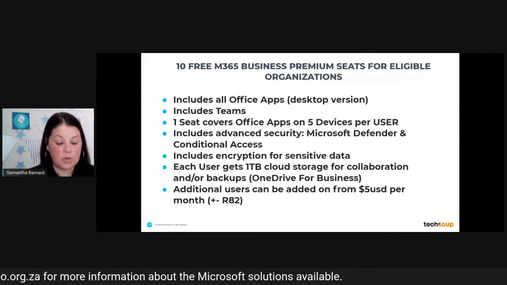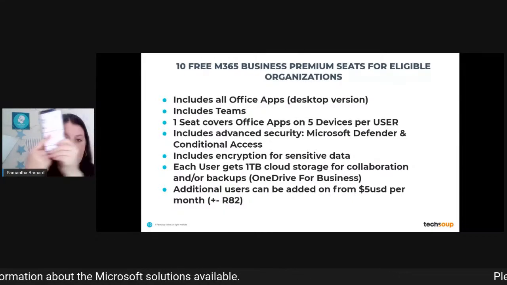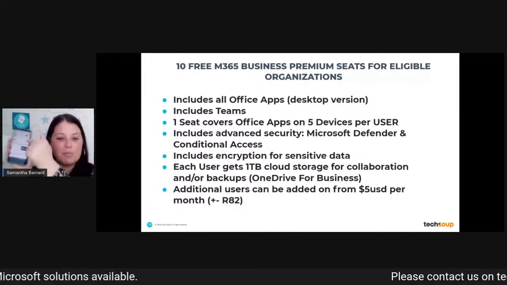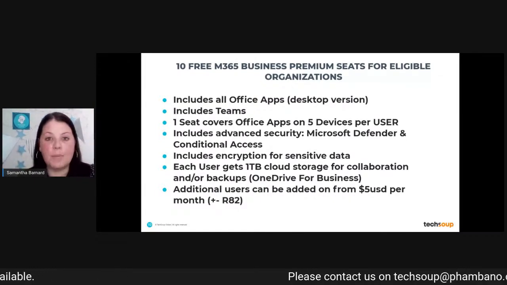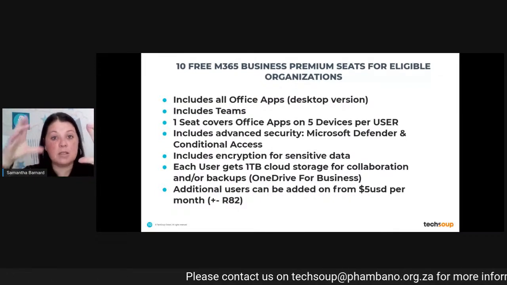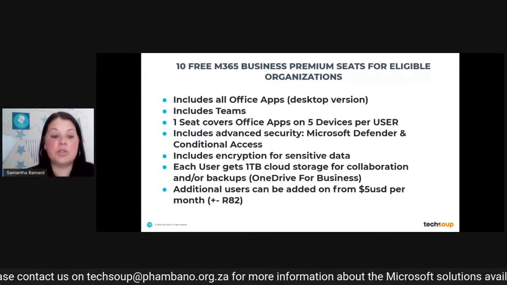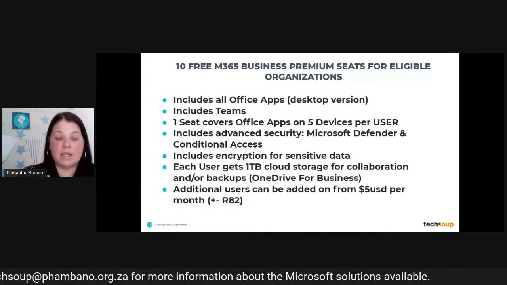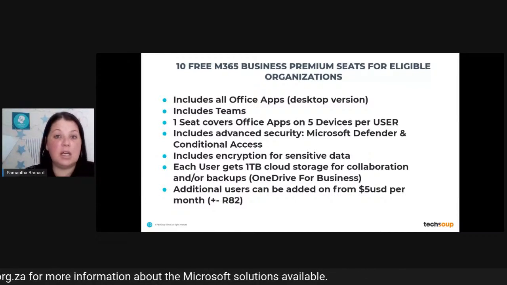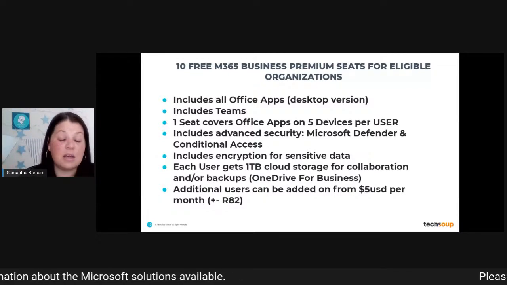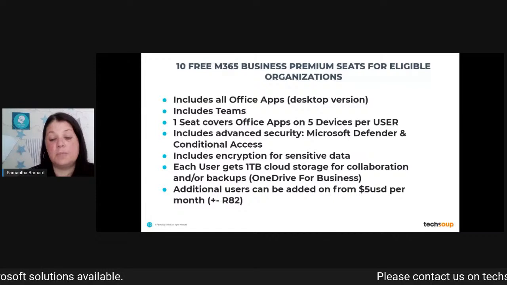What I will then be able to do is put it onto my phone, put it onto my laptop. Maybe I have a tablet, then put that software on there as well. This is going to give me access to putting it onto 5 of my devices. And each one of the 10 users can do that, which is an amazing offer from Microsoft.